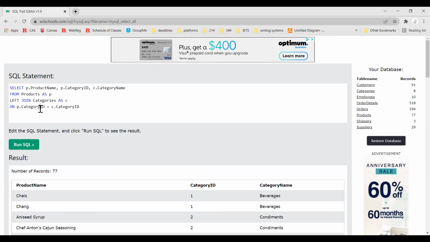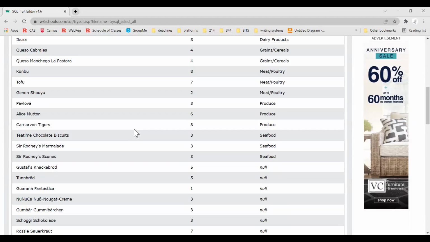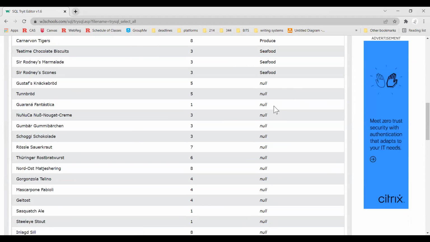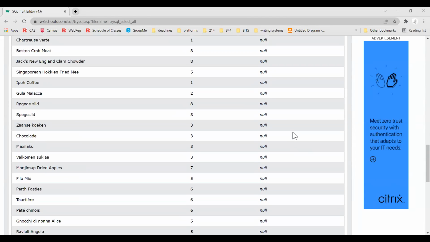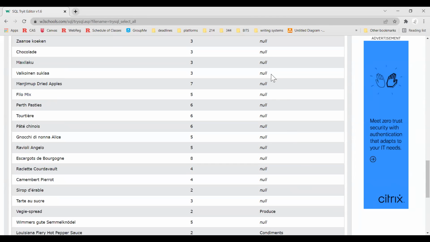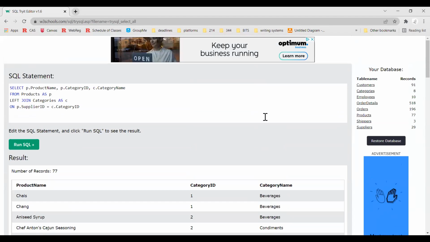So if we did something weird, you can see over here, these don't have a match. I mean, they shouldn't. It's kind of a weird thing that we just did. But these all have null values.